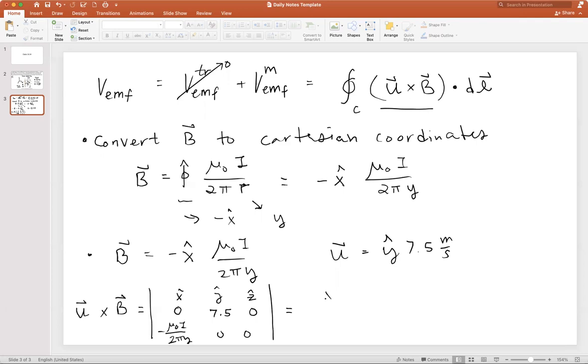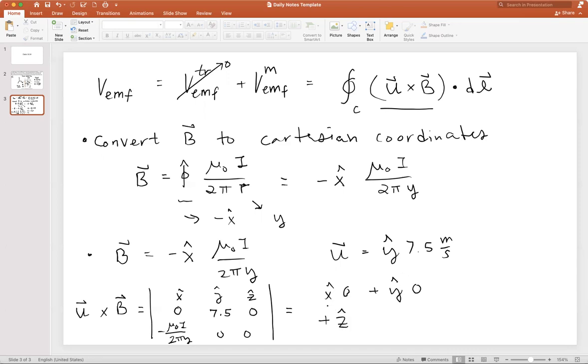In the X direction, I take 7.5 times 0 minus 0 times 0. So this is not going to contribute. In the Y direction, I have plus Y, 0 multiplied by this quantity, minus 0 multiplied by this quantity. So again, this is not going to contribute.